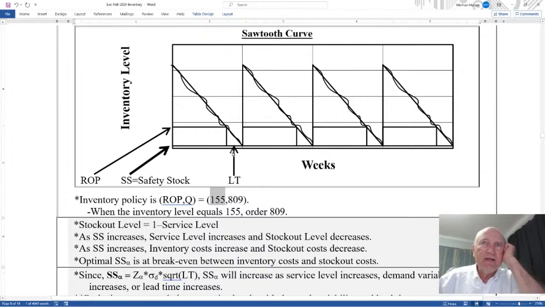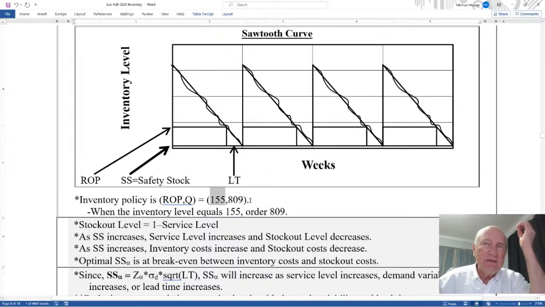Well, during this lead time, what would happen? Remember, my demand is a random variable. During that lead time, what would happen if the demand was greater than 155? I'm going to have stock out.